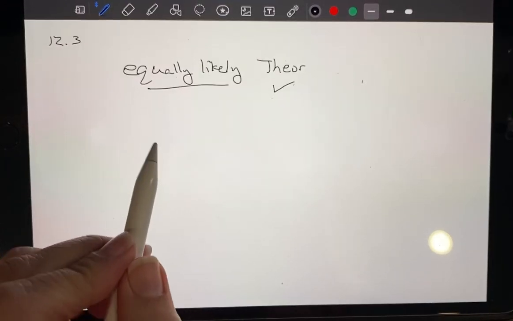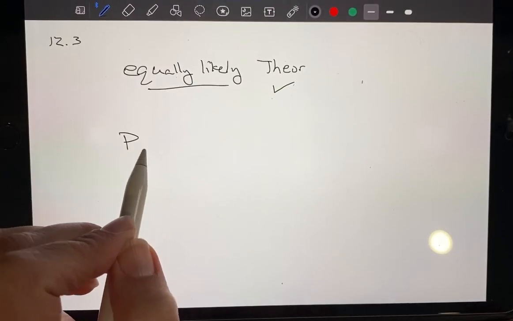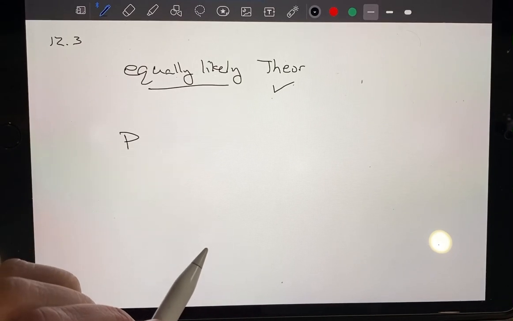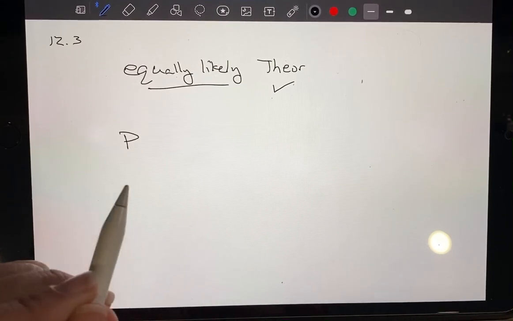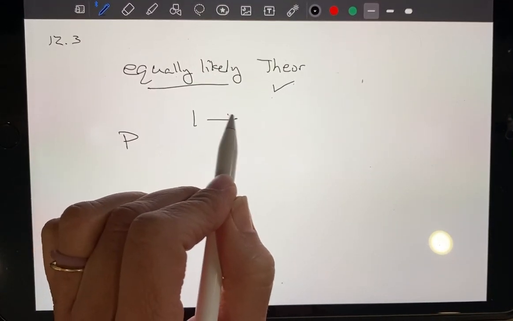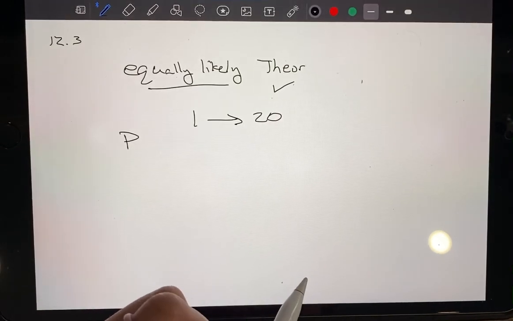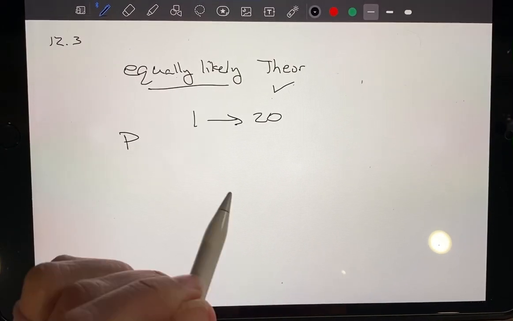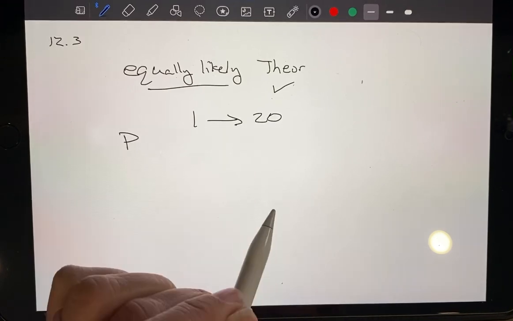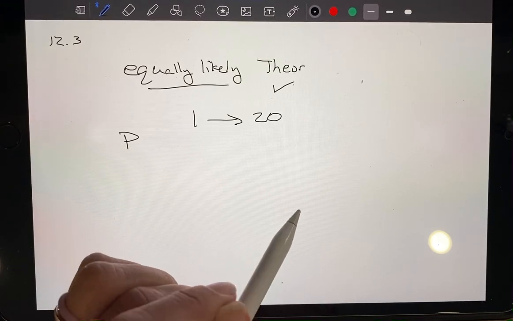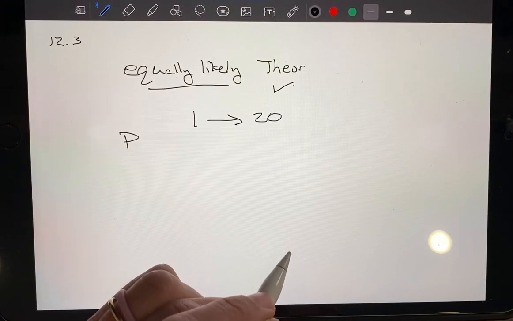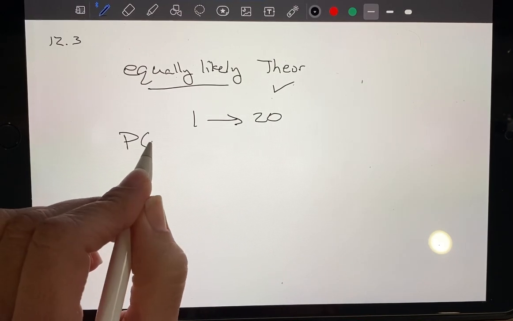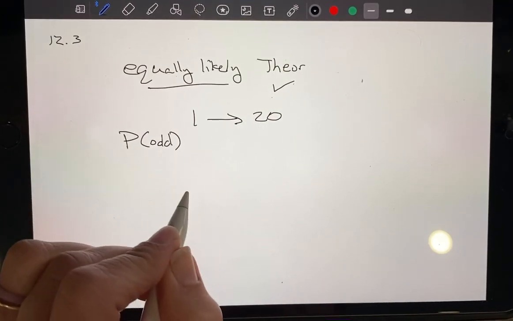So number 12 says you have an equally likely chance of choosing any integer from 1 through 20. So say you have numbers in a hat and you have the numbers 1 through 20. It says find the probability of the given event. So the probability of choosing an odd number.